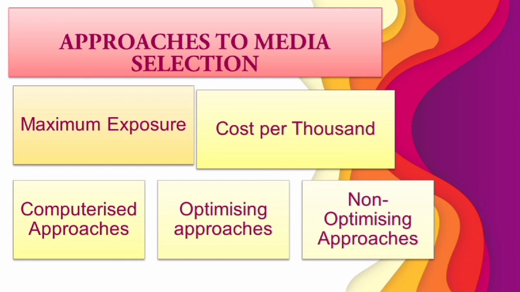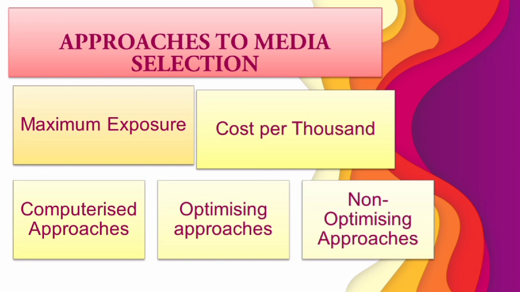One is heuristic models, second one is simulation models. Heuristic models are based on the rule of thumb. Each succeeding solution is better than the previous solution. Simulation models are designed to evaluate alternative media schedules and strategies.